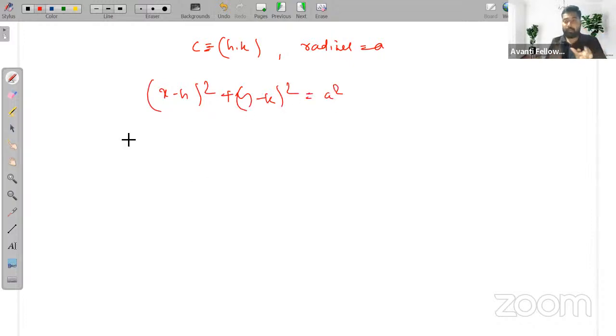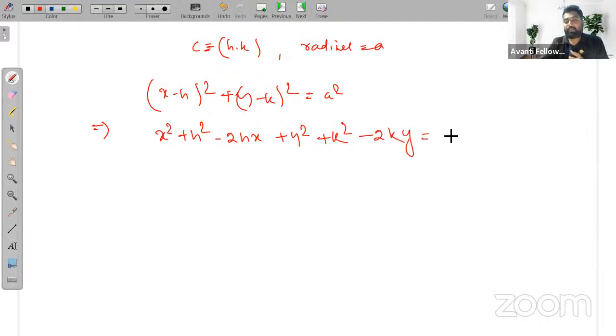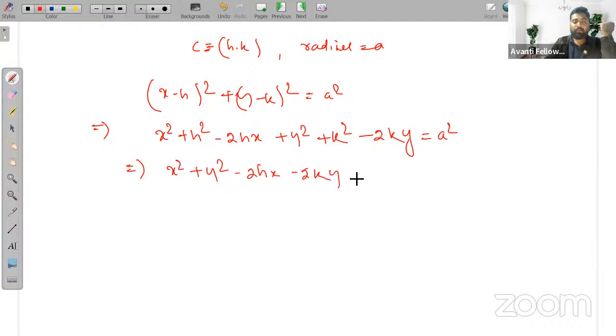If we open the left hand side, what will happen? x square plus h square minus 2hx plus y square plus k square minus 2ky is equal to a square. If we rearrange these terms, x square plus y square minus 2hx minus 2ky plus h square plus k square minus a square is equal to 0.